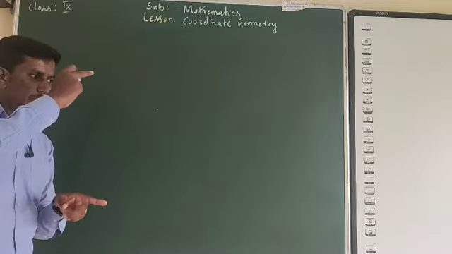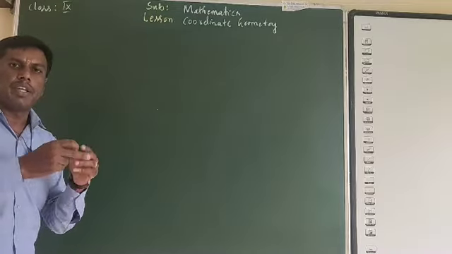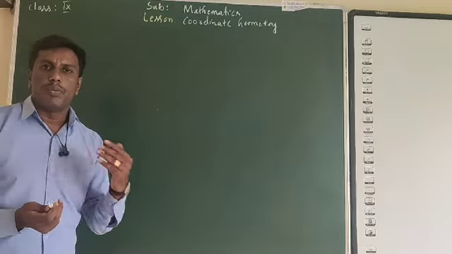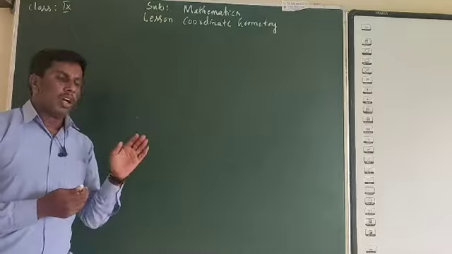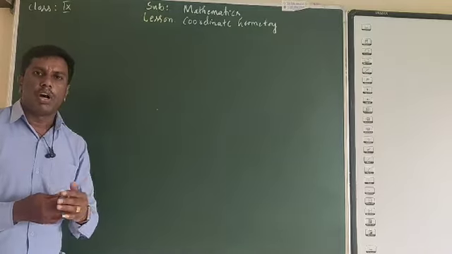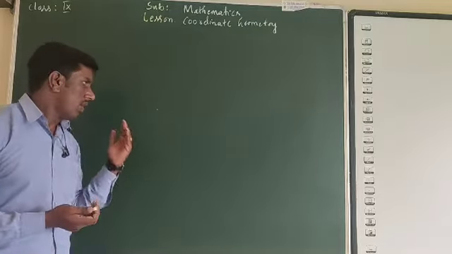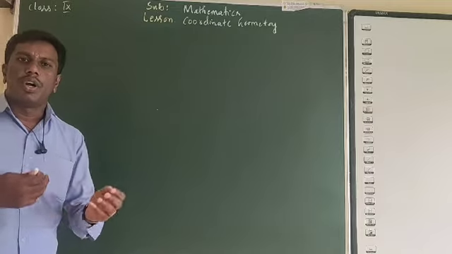The concept of the x and y-axis, the coordinate plane, how it came to exist: the person Rene Descartes introduced the Cartesian plane in the 17th century. In remembrance of his name, the plane is called the Cartesian plane.